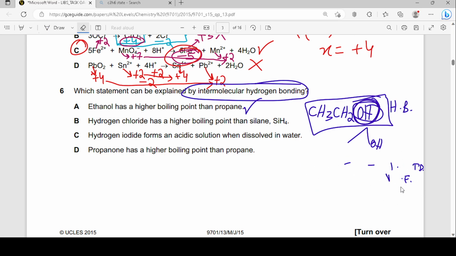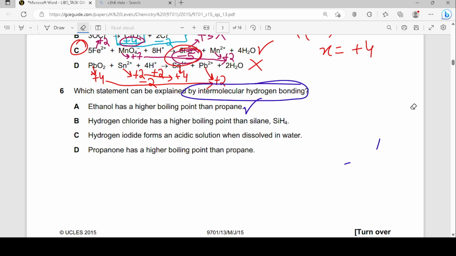But let's look at the other options, obviously. Option B, hydrogen chloride has a higher boiling point than silane, SiH4. Well, let me think about this. Hydrogen chloride, HCl, is a polar molecule, so I would assume it has permanent dipole forces, right?